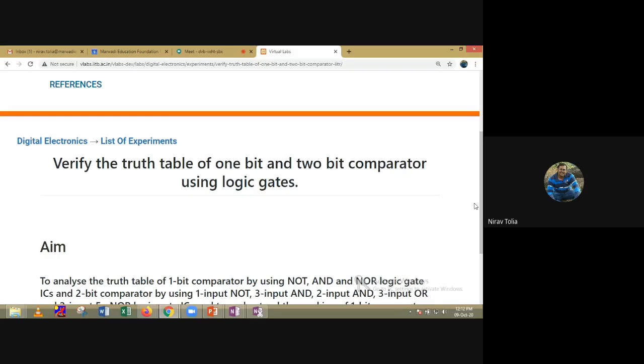So how do the 1-bit and 2-bit comparators work? There is also a 4-bit comparator, but we have to study only the 1-bit and 2-bit comparators.